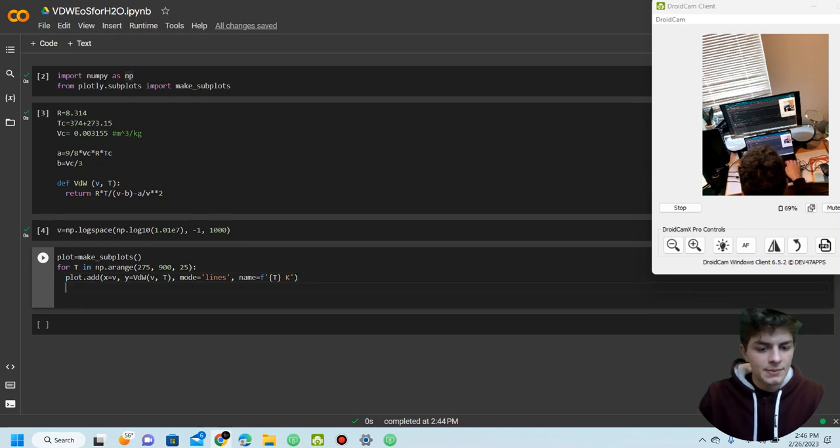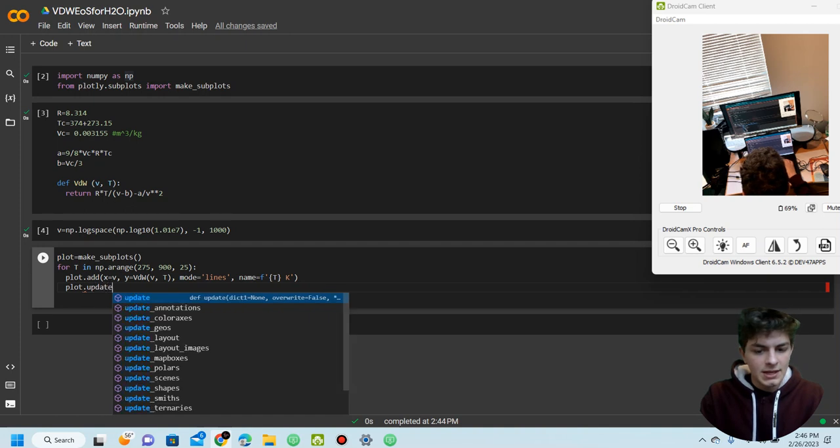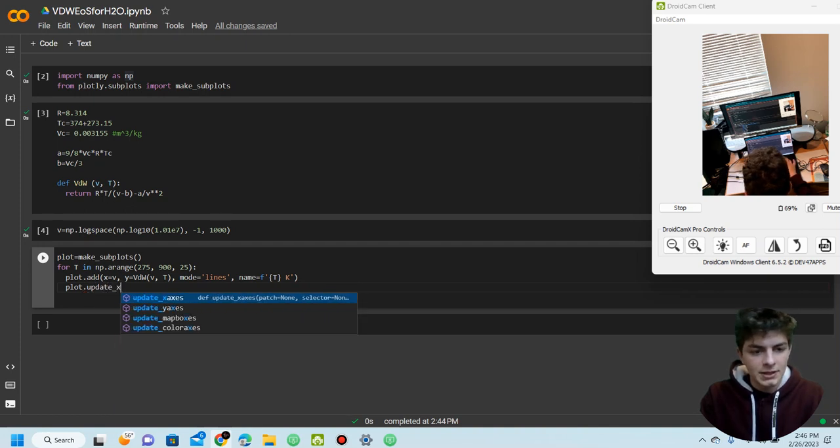So that works. Now, if we were to plot this out right now, we would get some strange graph. So let's go ahead and update the axes.